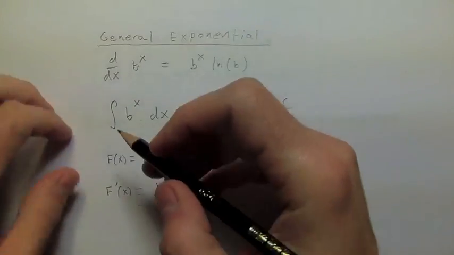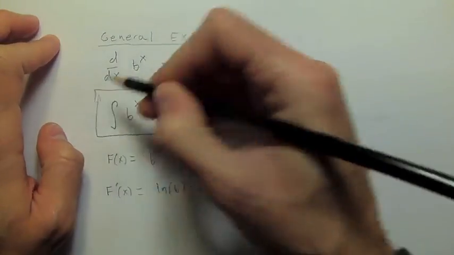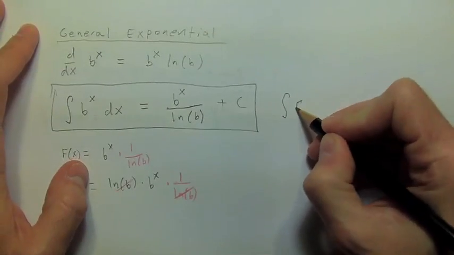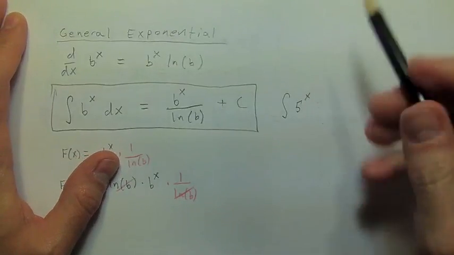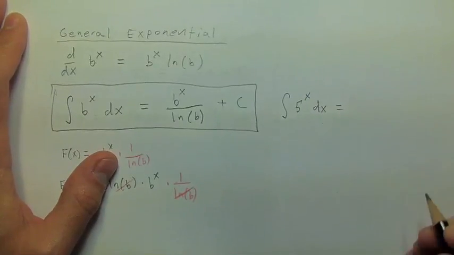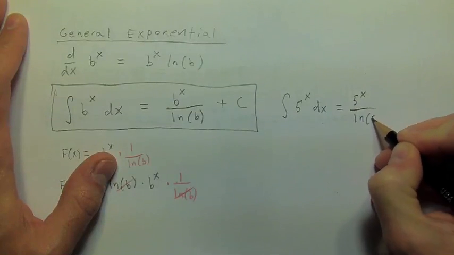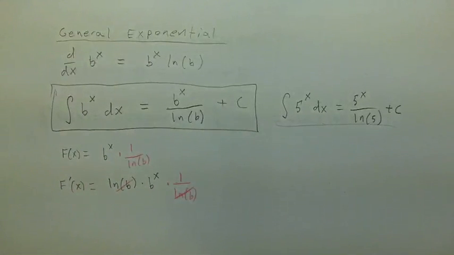Okay, so that's the general exponential rule for integrals, which basically just means that, say, the integral of 5 to the x dx is going to be 5 to the x itself over the natural log of 5 plus c.